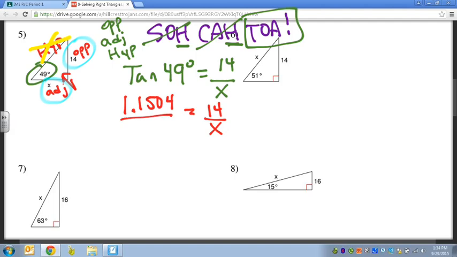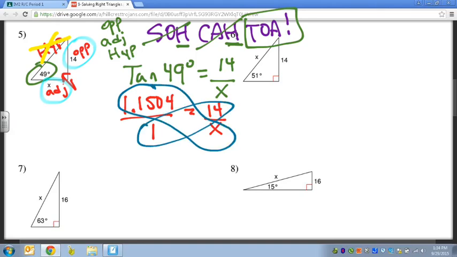And luckily, we've already learned this year that if I put an invisible 1 under 1.1504, I have 2 fractions equal to each other. Hey, that's like a proportion. We know how to do those. So we cross multiply, which gives me 14 equals 1.1504x.